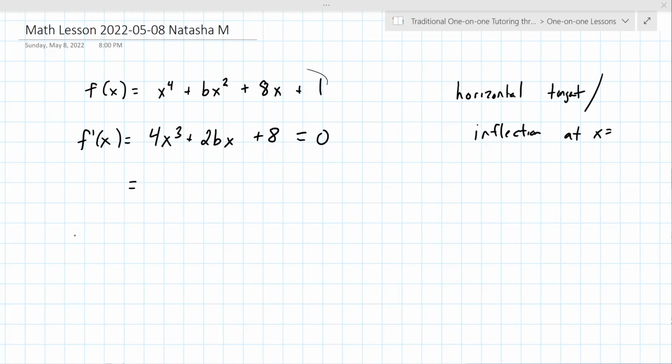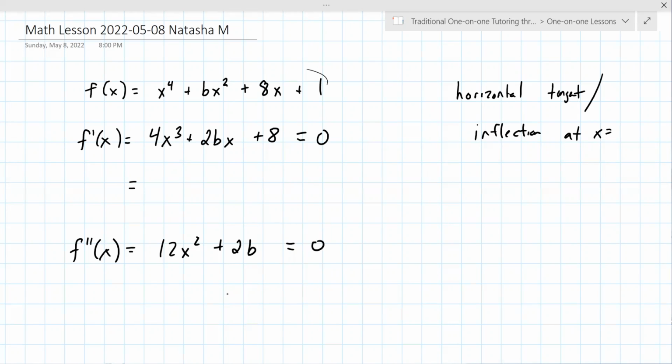Now your second derivative, 12x squared plus 2b. The problem here is this is never equal to 0 unless b... well, I guess we could do it. We set this equal to 0, but b then has to be negative.